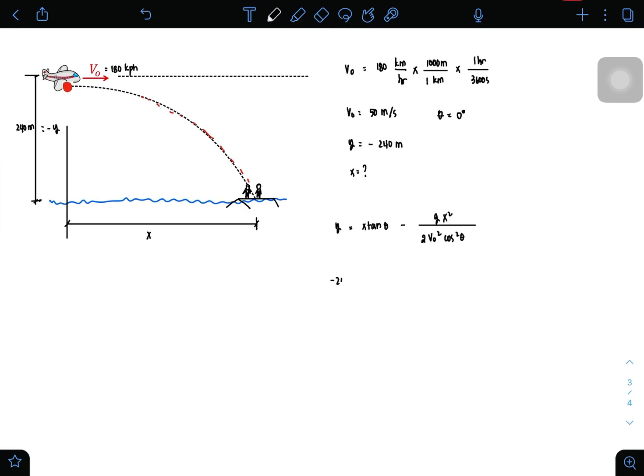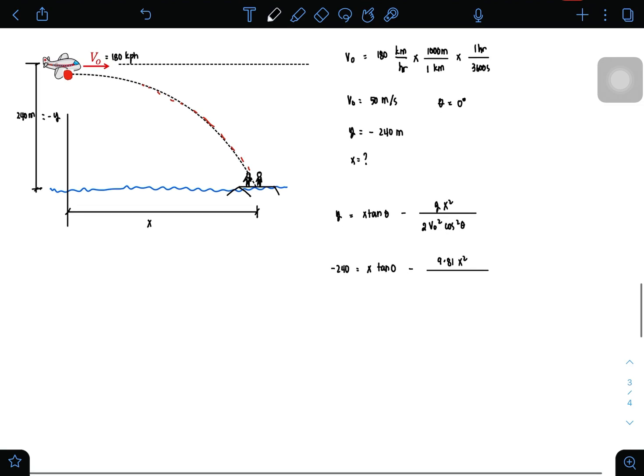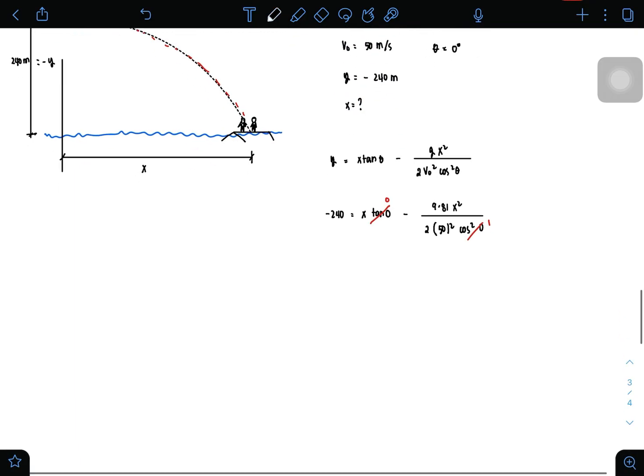So this is negative 240 equals x, the unknown value, times tangent of 0, then minus 9.81 multiplied by x squared, divided by 2 times the initial velocity of 50 squared, times cosine squared of theta, which is 0. Cosine of 0 is 1, and the tangent of 0 is 0.